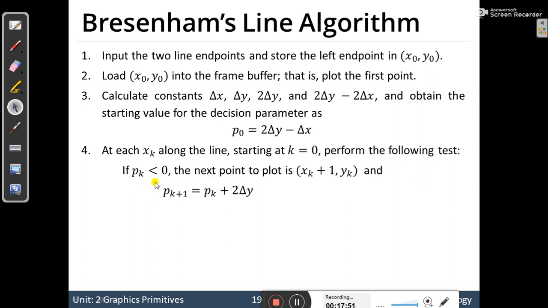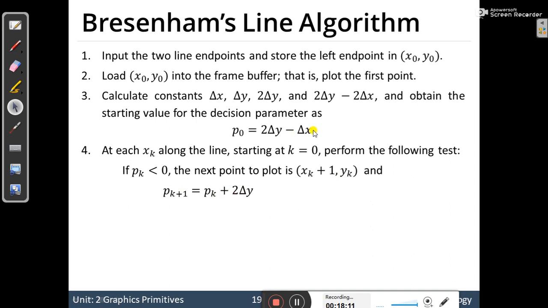If pk is less than 0, the next point to plot is xk plus 1, yk, and in that way pk plus 1 will be pk plus twice del y.